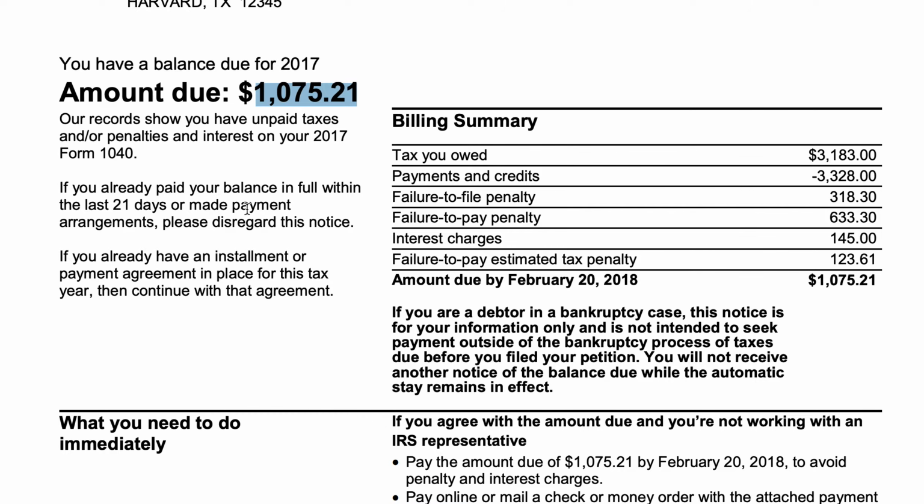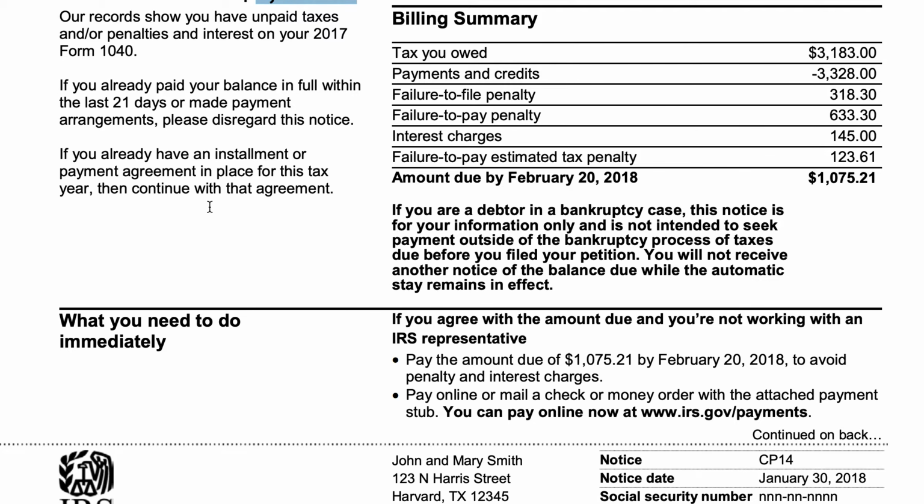So again, this may not reflect any balances that you paid within the last 21 days. So if you did pay your balance in full within the past 21 days, you can disregard the notice. If you have an installment agreement in place for this particular tax year, then the IRS encourages you to continue with that agreement.